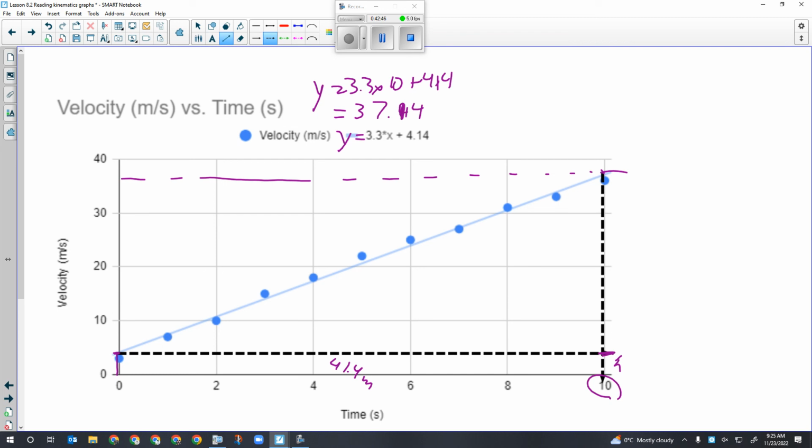The bottom of my triangle starts at 4.14, so the height of my triangle is actually 33. Everybody okay with that? So now, this is 33, this is 10, so the area of my triangle is going to be base times height over 2. So 16 and a half times 10, 165.